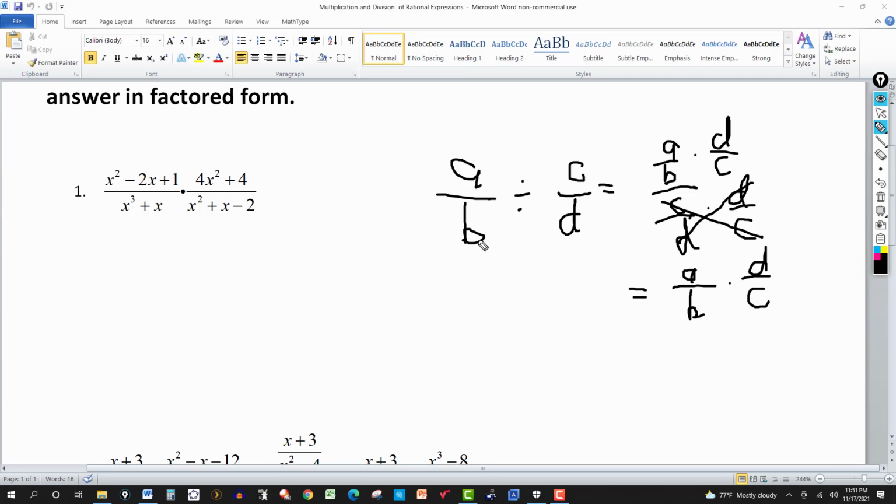So this is saying that if I have A over B divided by C over D, what we have to do is simply multiply A over B by the reciprocal of C over D. And then we simply simplify whatever this comes out to, and that's your answer.